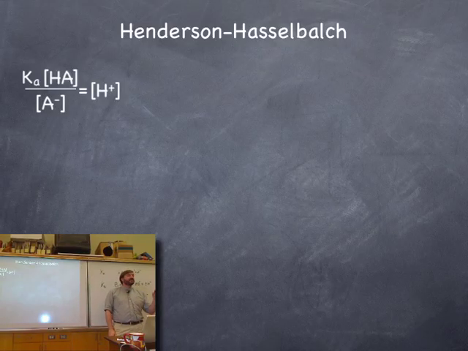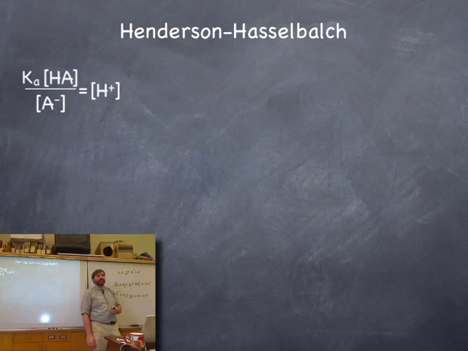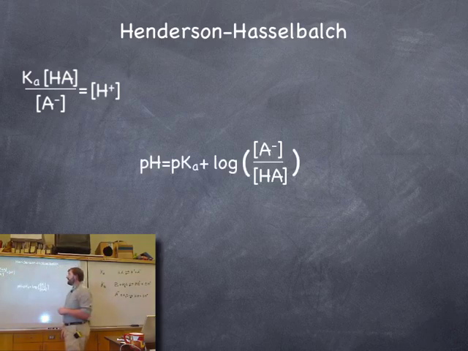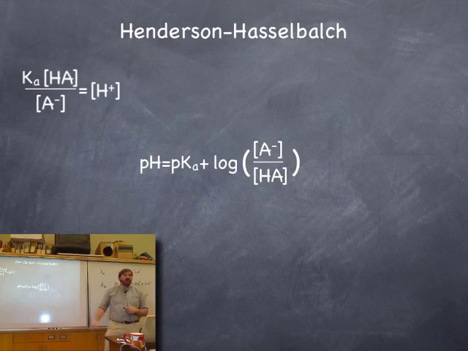Now, what do we usually do with that H plus once we found it? We usually take the negative log of it, so let's take the negative log of each side. And that would give us what we know as the Henderson-Hasselbalch equation.